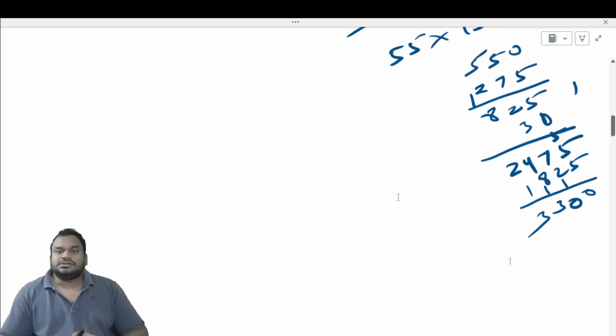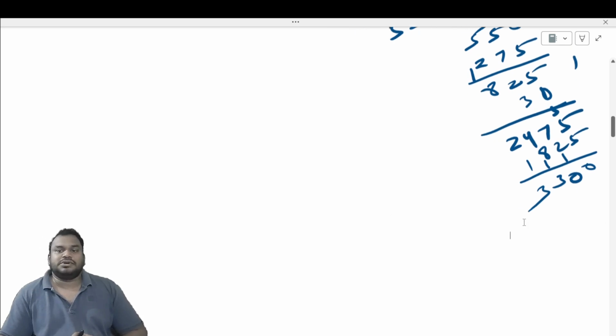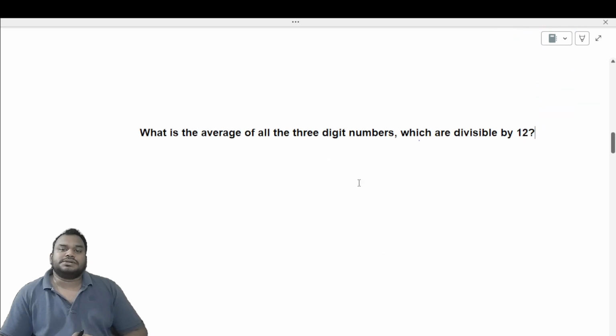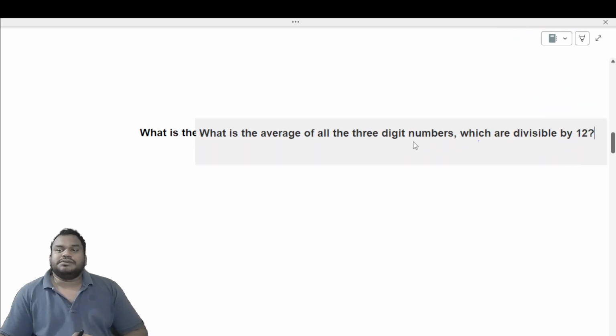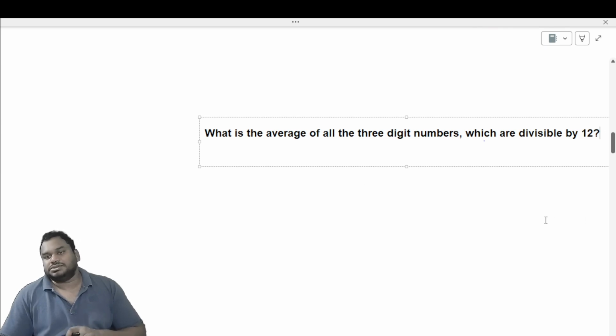Okay, so sometimes I may commit mistakes in calculating. Please correct me if I'm wrong in the comments. But anyway, right after multiplication, you just do it.